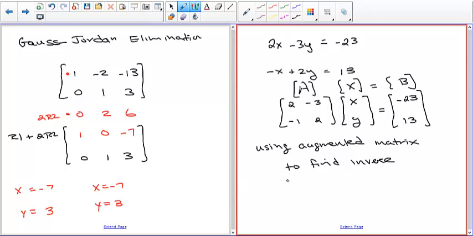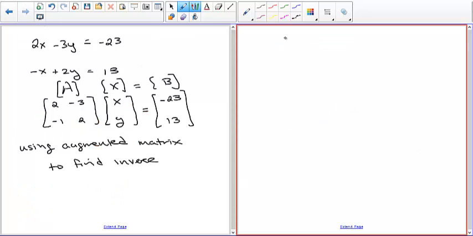Now here, the augmented matrix looks different. You take the coefficient matrix, and you augment it with the identity matrix for 2 by 2, which is 1, 0, 0, 1. And what we're trying to do is get down to the identity on the left, 1, 0, 0, 1.